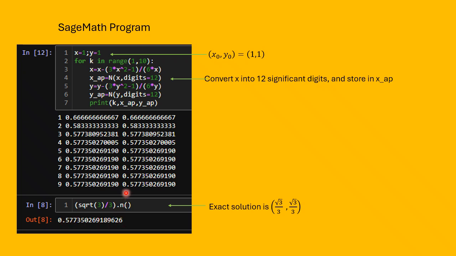If you compare what we have down here with what we have up here, we have 0.577350260, and here we also have 0.577350269, I guess. And then over here we have 190, and down here we have 189. So this one differs in this digit right here.